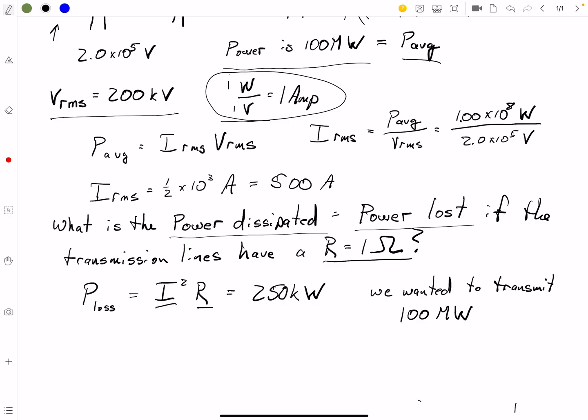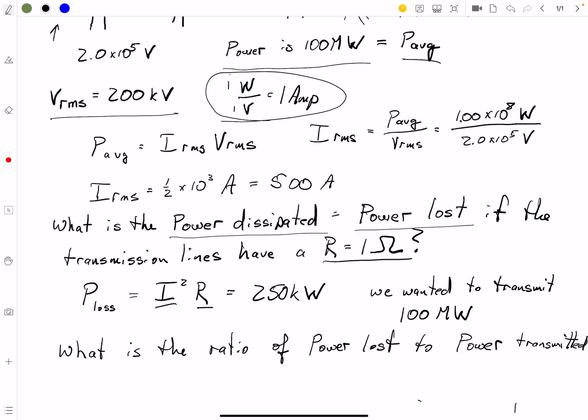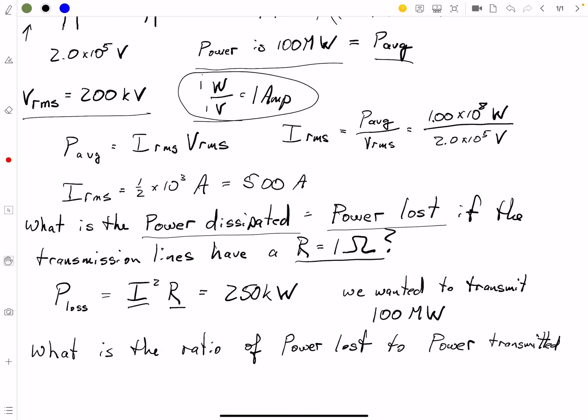So our next question is, what is the ratio of power lost to power transmitted? Question mark. What is the ratio of the power lost to the power transmitted?